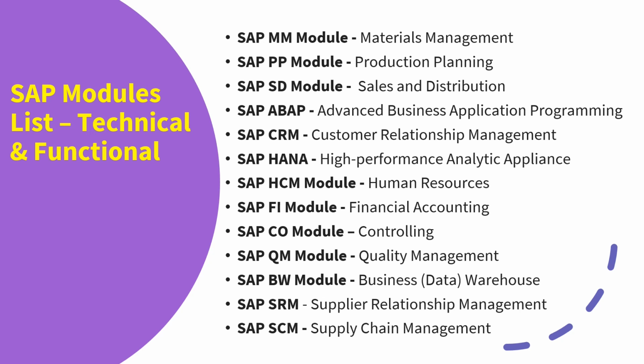You can see module for material management, PP module for production planning, SD module for sales and distribution, ABAP for advanced business application programming, CRM for customer relationship management, HANA for high performance analytic appliance, HCM module for human resource, FI module for financial accounting, CO module for controlling, QM module for quality management, BW module for business warehouse, SRM module for supplier relationship management, SEM module for supply chain management.